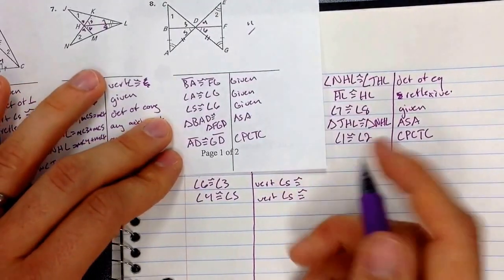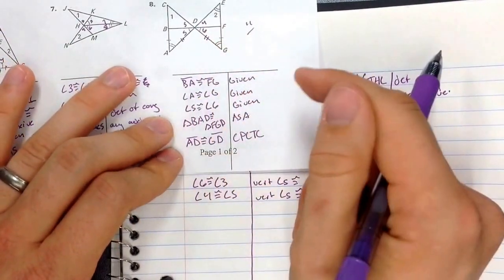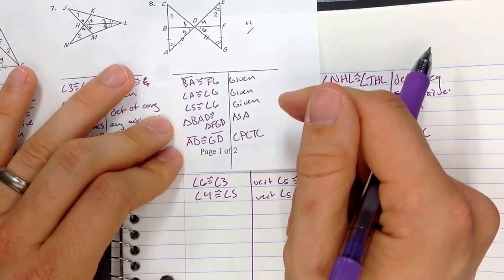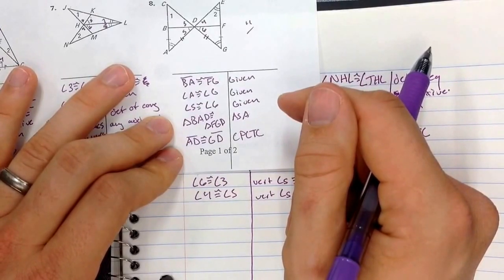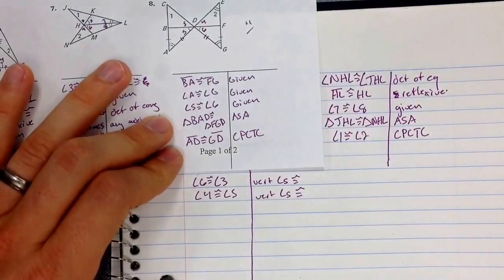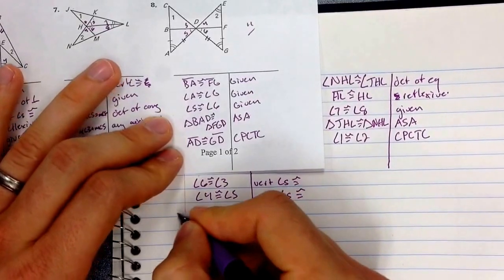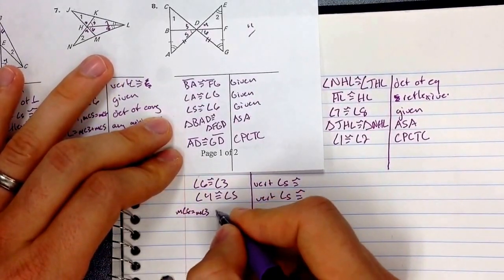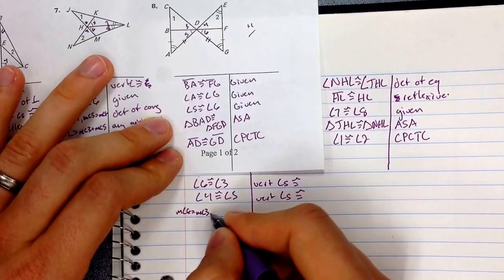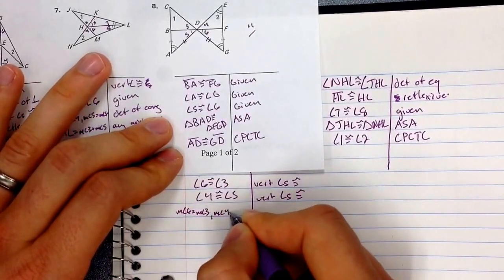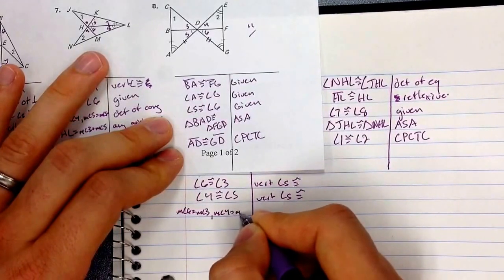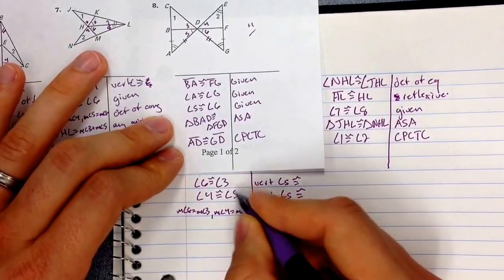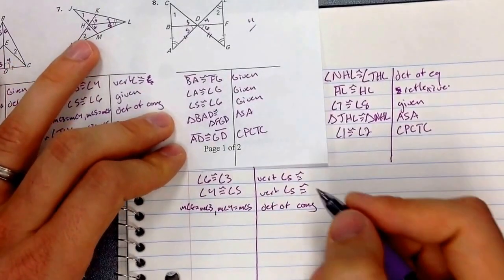You know what? I don't have to do anything else. So I'm going to switch those both over to measure. The measure of angle 6 is equal to the measure of angle 3. The measure of angle 4 is equal to the measure of angle 5. And that's going to be the definition of congruency. It is the congruency that means they are equal. We are using the definition of congruency.